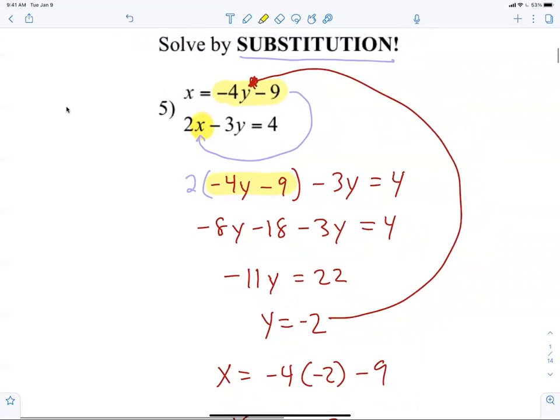Plug it in and see for yourself. Plug it into the second equation. Why would I plug it into the first equation, do you think? It's a little bit easier, right? That's what we've talked about. You can plug it in. It's the same point for each equation.